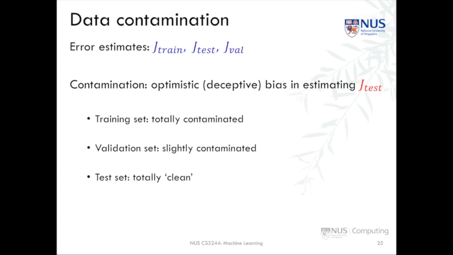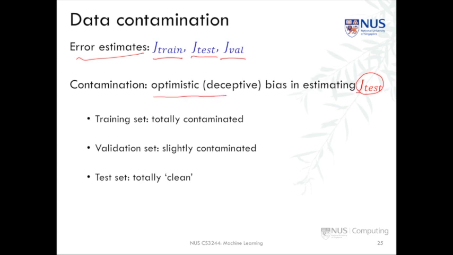So let's try to put all of these factors together. We've had different types of cost estimates. First, the training cost, the test cost, and we've introduced today a validation cost. When we create these costs, we're trying to get an estimate of the ultimate unseen test sample costs.